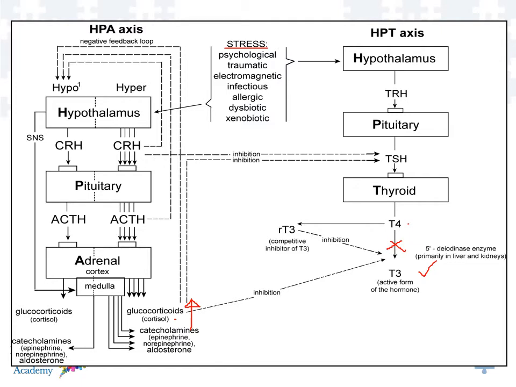Turns out that cortisol can also inhibit TSH. Now, CRH from the hypothalamus in the HPA axis can also inhibit TSH. So there is a significant role that the HPA axis has over thyroid production.